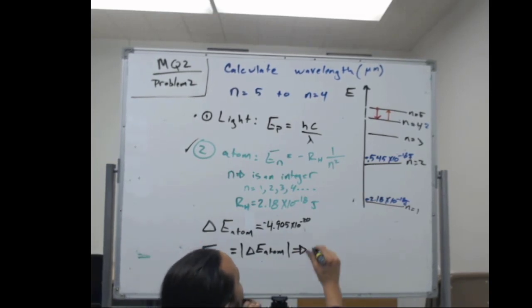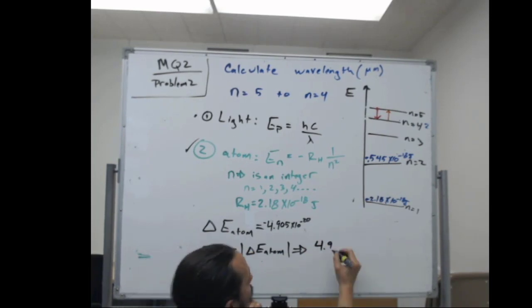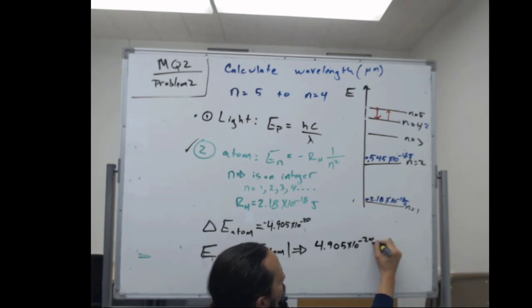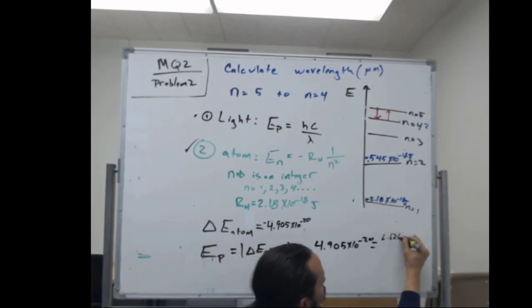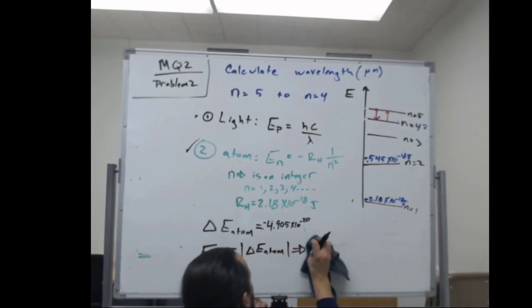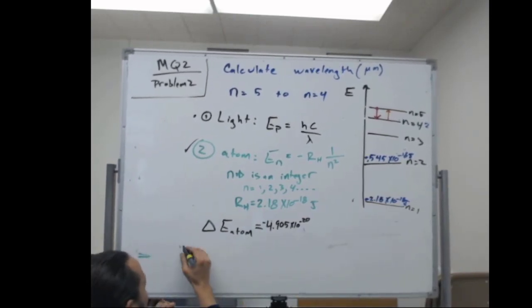That's going to allow us to say 4.905 times 10 to the minus 20, notice that just gets rid of the negative sign, is equal to 6.626 times 10, oh, I didn't give myself enough space. Let me give myself a bit more space here. I forgot how long these constants are.